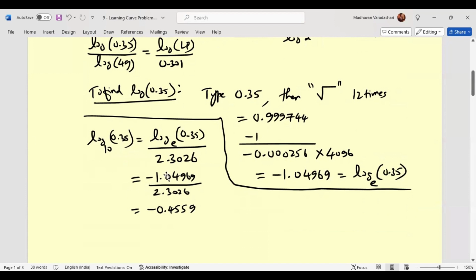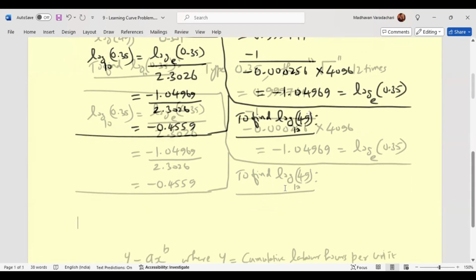This is logarithm of 0.35 to the base 10. Next, we have to find logarithm of 49 to the base 10.